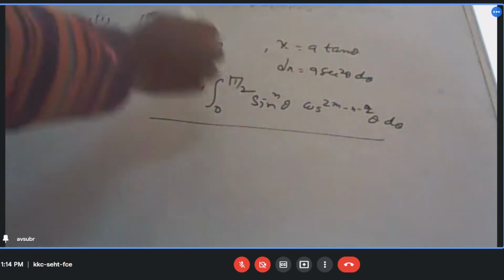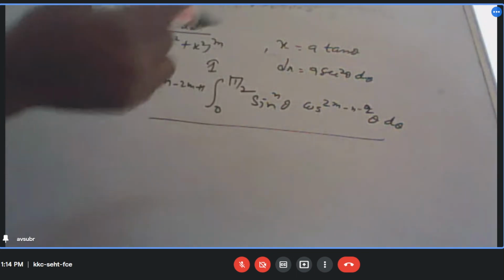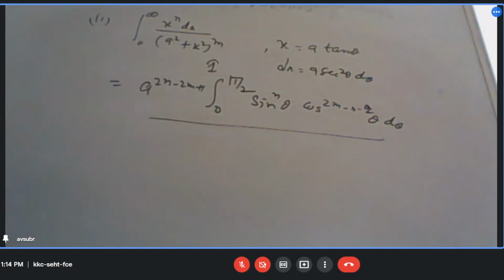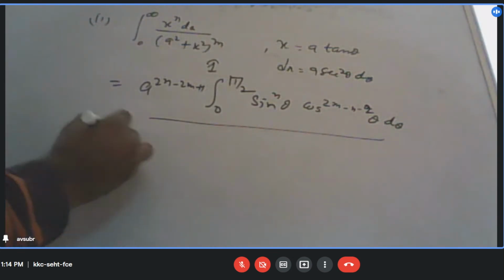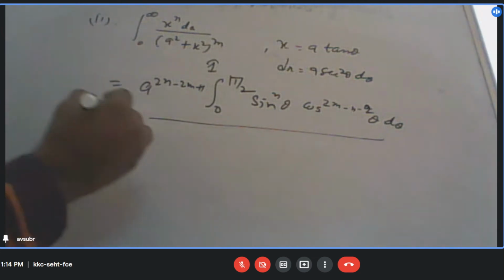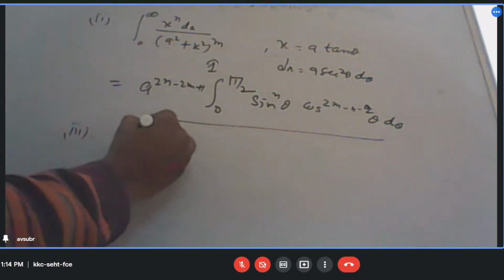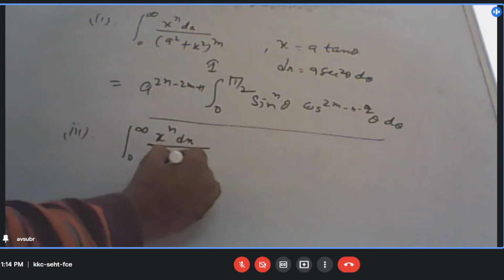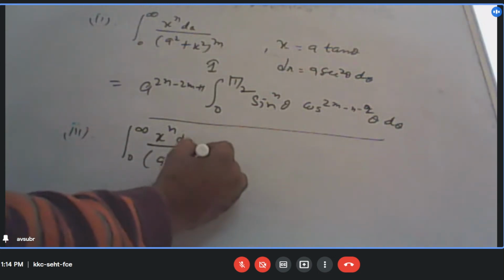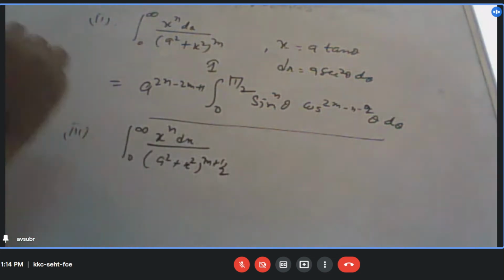So this whole thing we have brought it into this. आप बाकी जो intermediate steps हैं, that you see yourself. That is your problem. Okay. And next is that if suppose I am having this kind of form, x to the power n dx by a square plus x square to the power m plus 1 by 2.